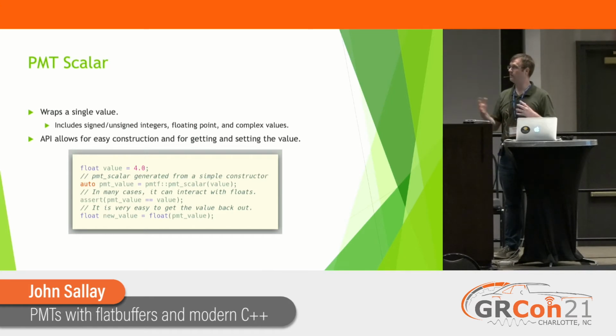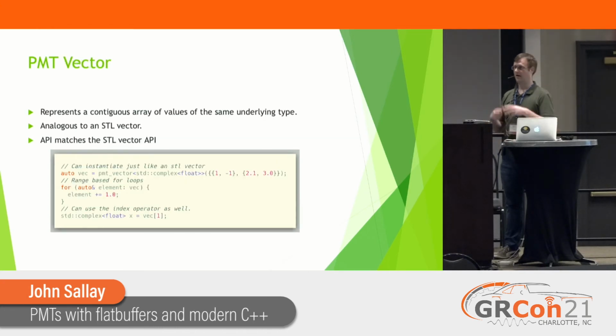One thing that took a little bit of effort, but I think is really nice, is in a lot of cases you can use it as though it were not a PMT. In the middle there you're checking that the PMT value is equal to a floating point value, and it doesn't matter that it's a PMT, it still interacts properly with the floating point value. And you can get the value out really easily as well, just by casting it back to the floating point value.